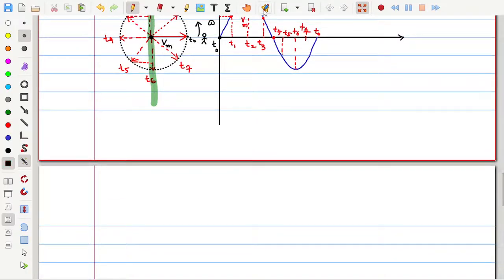So what we say is that basically the phasor we define in this way.